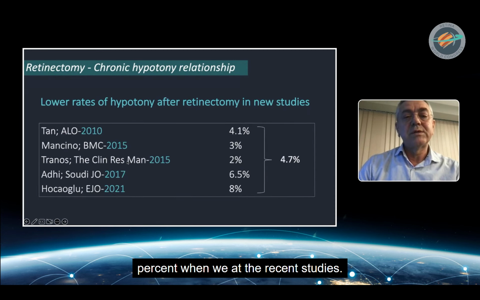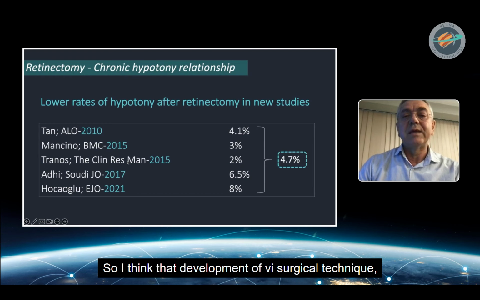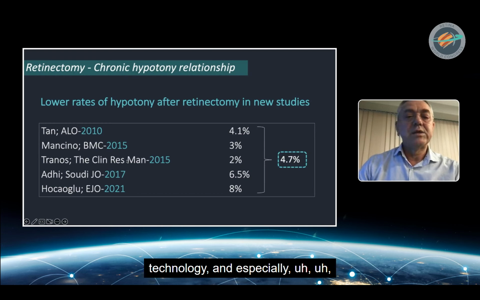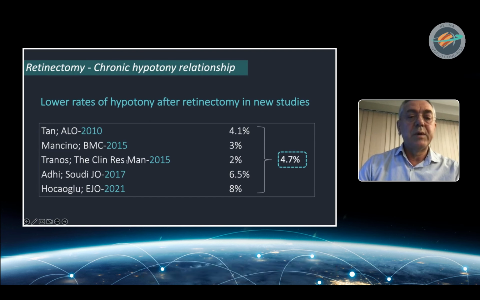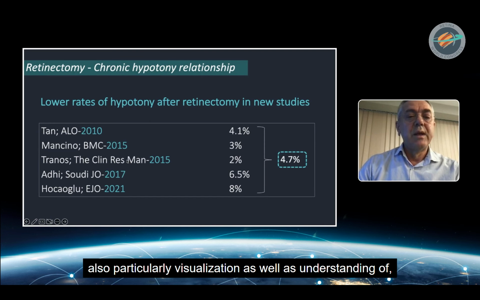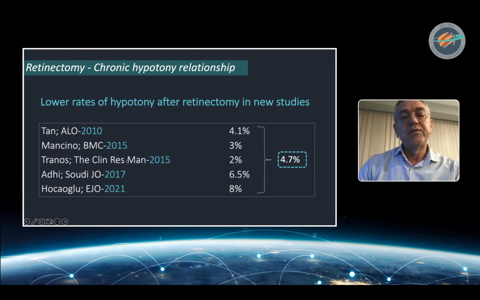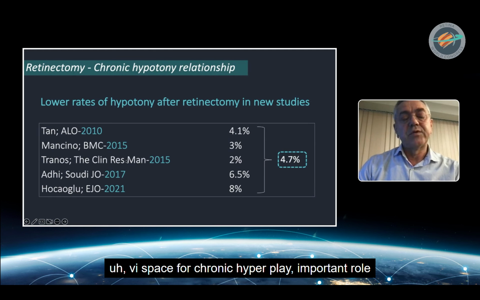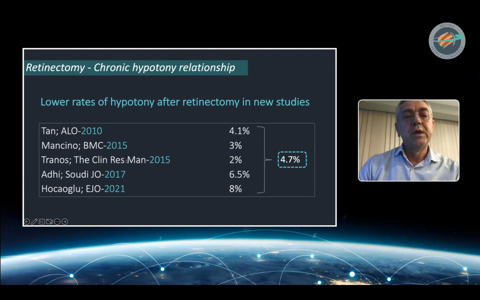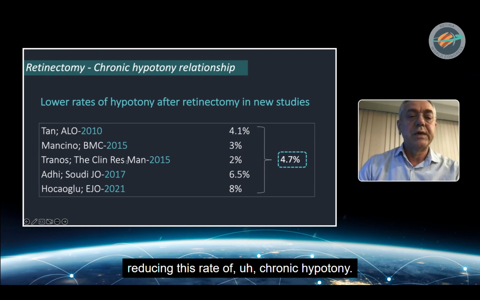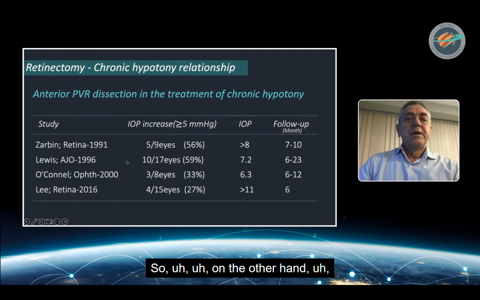When we look at the recent studies, the rate of hypotony after retinectomy decreased to about 5%. So I think that development of vitreoretinal surgical technology, particularly visualization, as well as understanding of vitreous space for chronic hypotony, play an important role in reducing this rate of chronic hypotony.